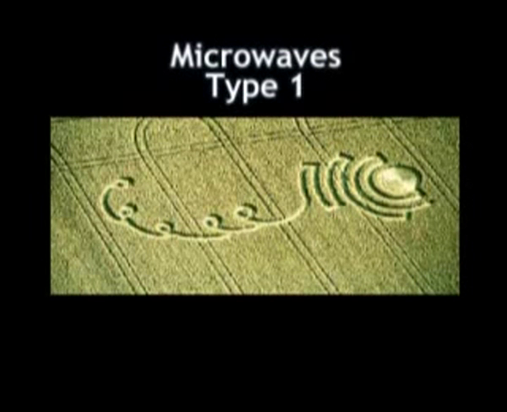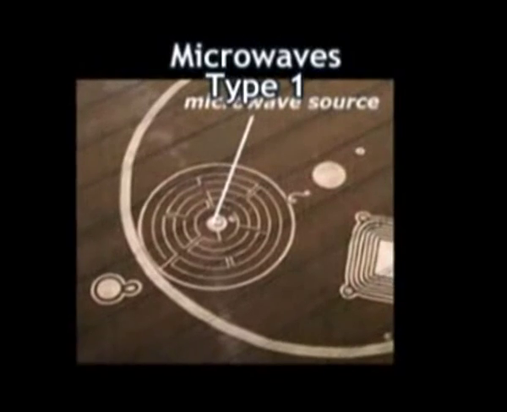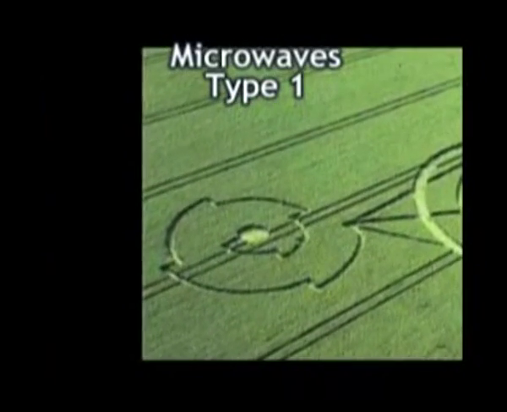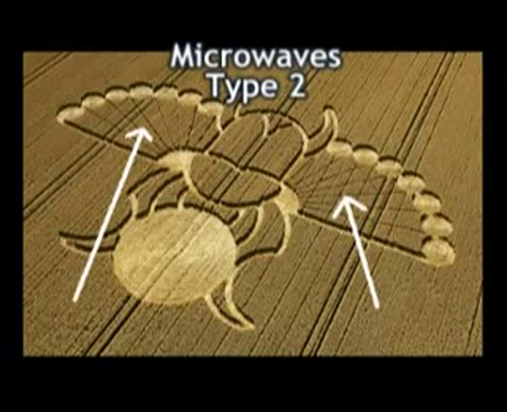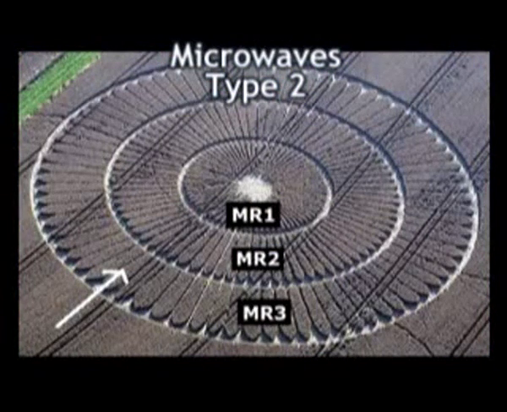Microwaves. There are 2 different types of designs which show the presence of microwaves. Design 2. It is design 2 that is important here. Here, we can clearly see microwaves over the 3 magnetic rings.